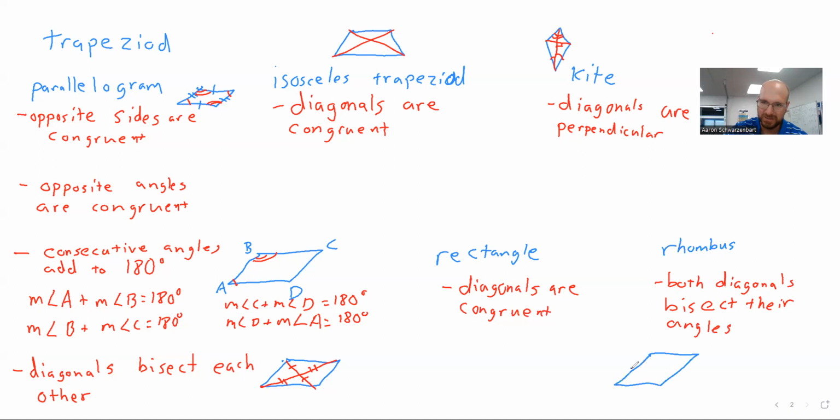So here's my rhombus. Sides are equal. And here's my diagonals. So both of these diagonals are bisecting these angles, which is different from the kite. The square has no additional new properties about it.